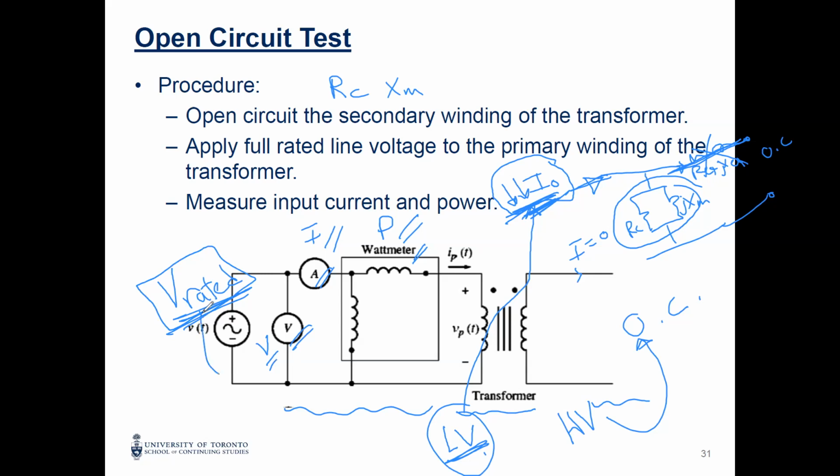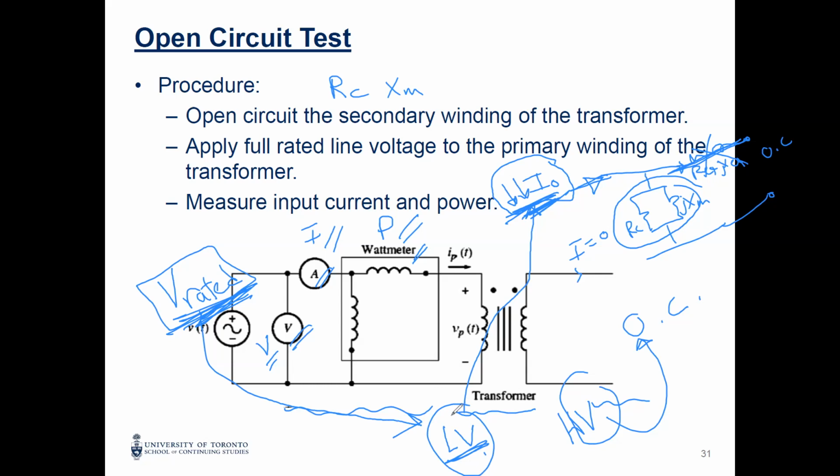It's better to do it at the low voltage side because now the voltage will be manageable, right? It will be within your settings or lab capability, let's say. If you put it at the high voltage side, now you need the V rated, so you have to go to higher voltage. You have to get higher equipment to reach this voltage.